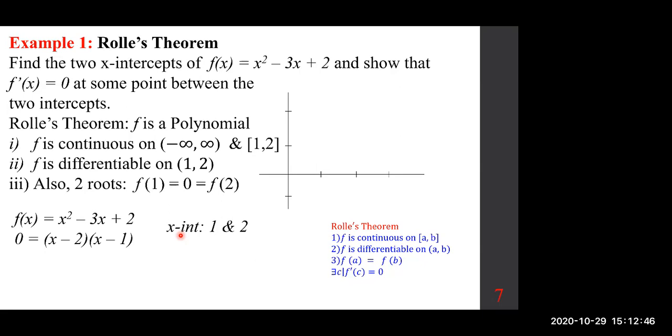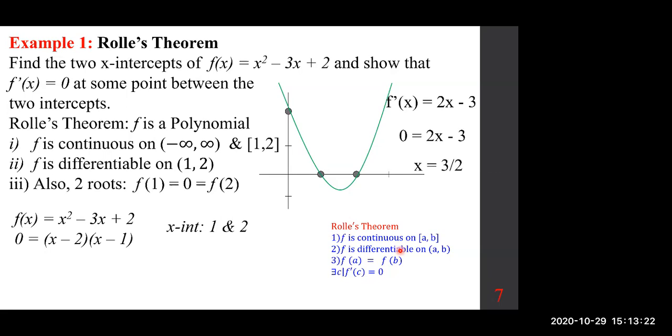So we are looking at this one. There exists, looks like the reverse E that reads there exists, a c such that f prime of c is 0. So let's find f prime of c. As far as the graph is concerned, it looks something like that. f prime is 2x minus 3, set it equal to 0 and x becomes 3/2.